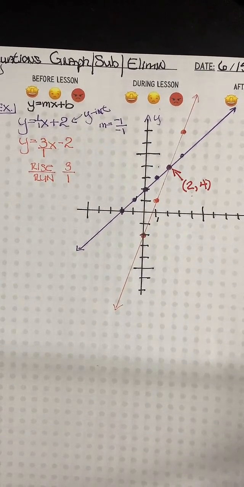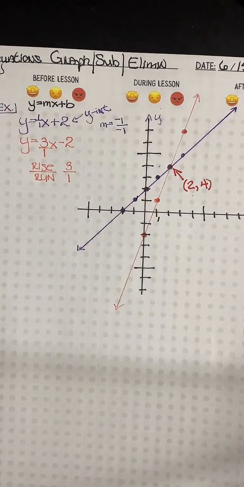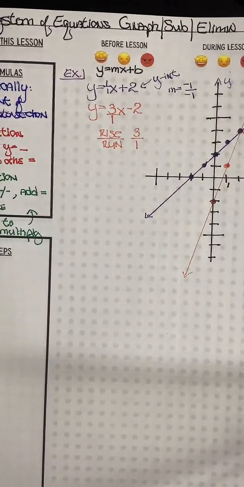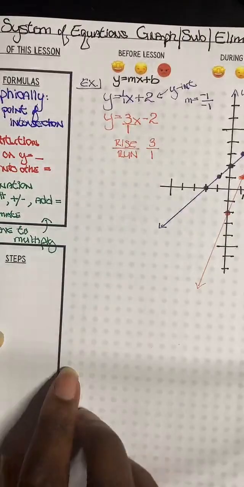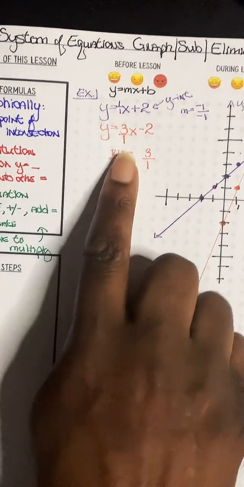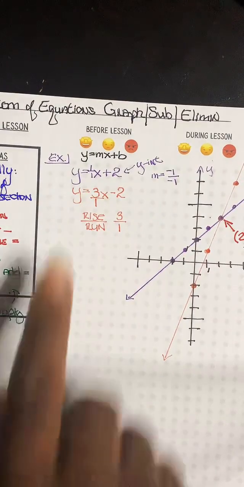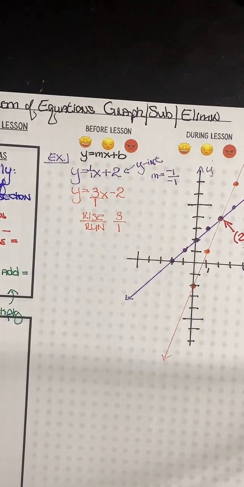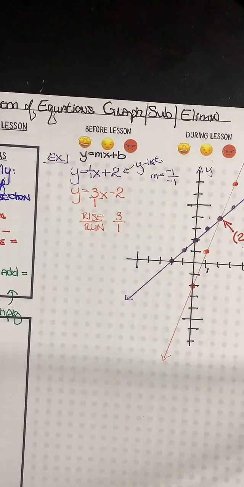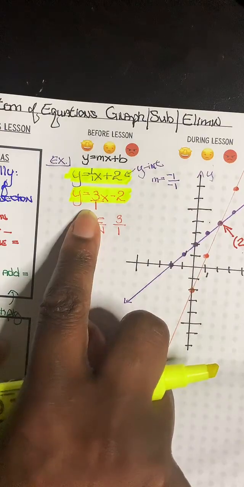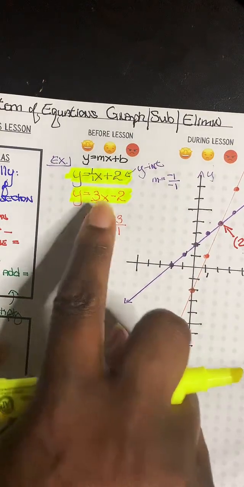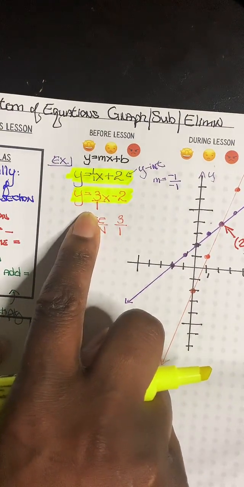All right. So, as promised, I'm going to show you one of two ways. Since our two equations are already in y equals form, it'll be easy for you to do graphing, because it's already in slope-intercept form.